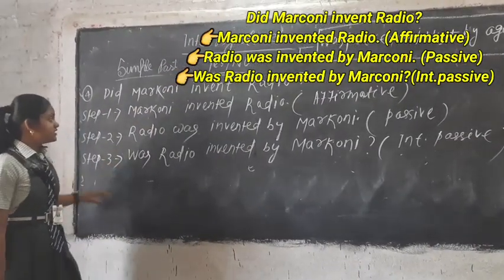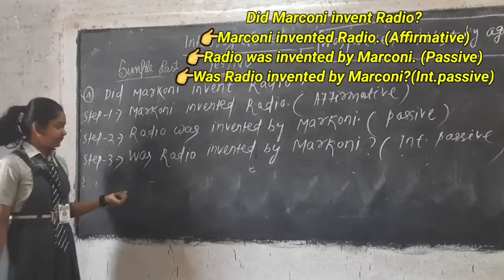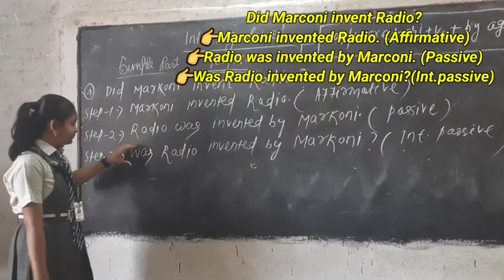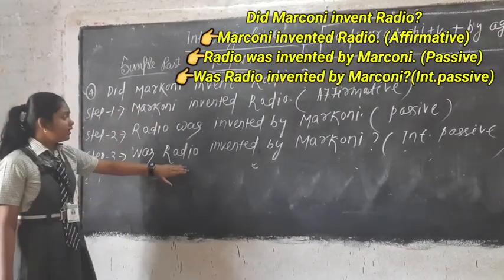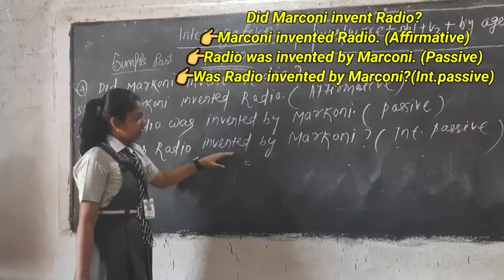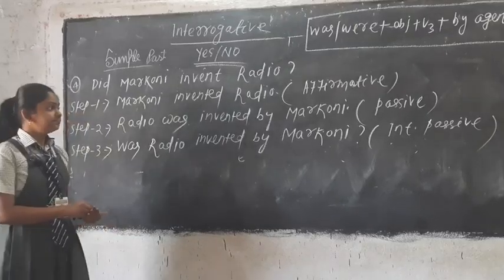Next is to interchange the position of the auxiliary verb and the subject. Was radio invented by Marconi? Was is the auxiliary verb, here radio is the subject, invented is the verb, and by agent, by Marconi.